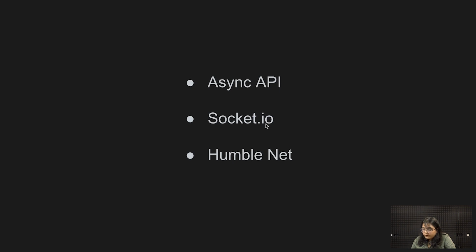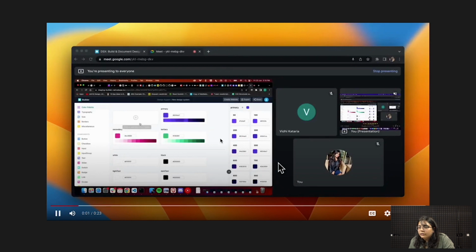We have used Socket.io, which is widely adopted in the web community, in one of our projects where we used to share a project with different users, and changes done by one user can be seen by the other user in real time. So yeah, this is the basic implementation of that.